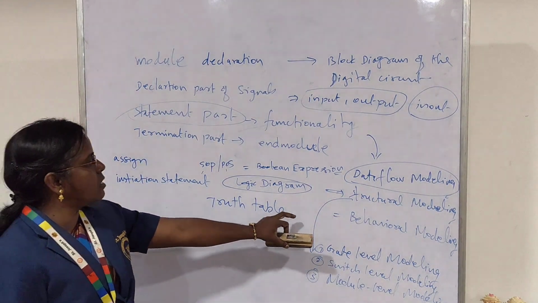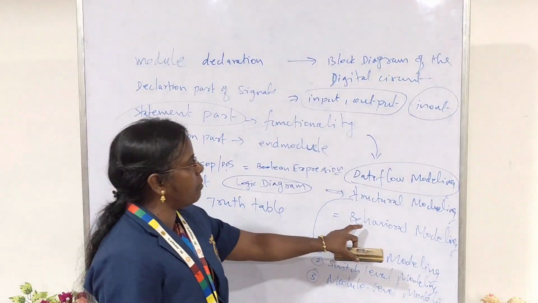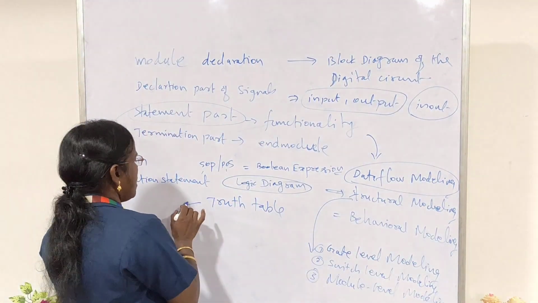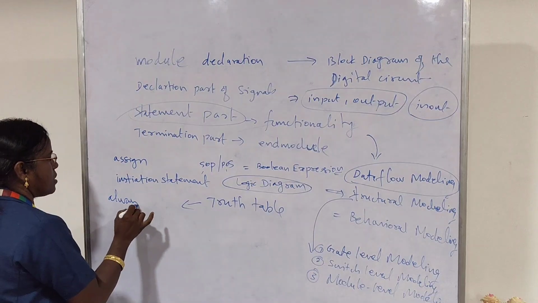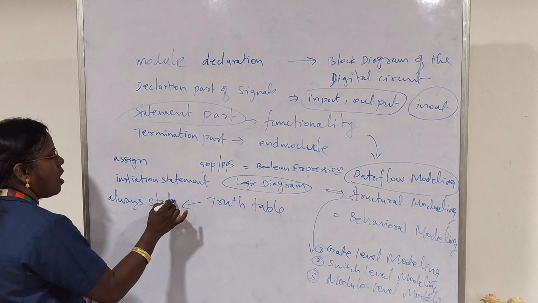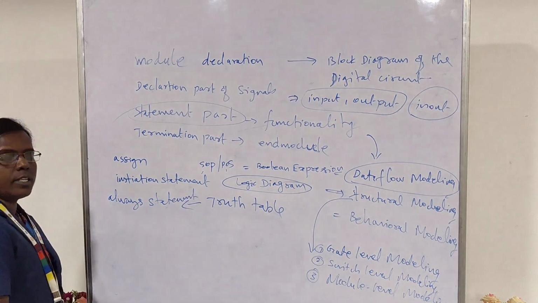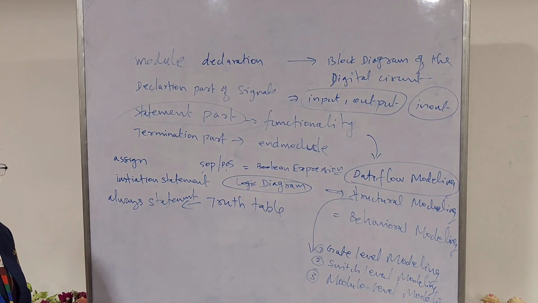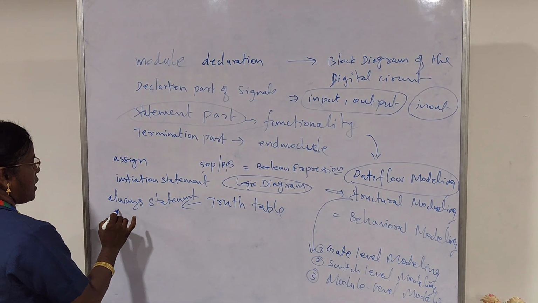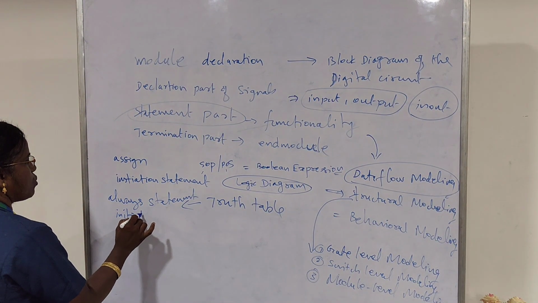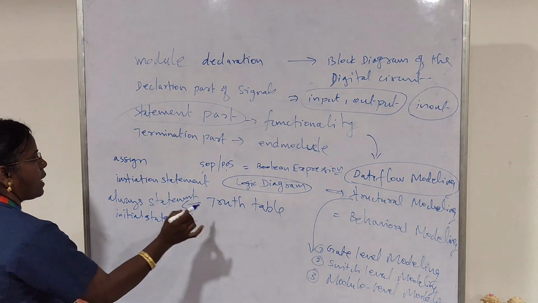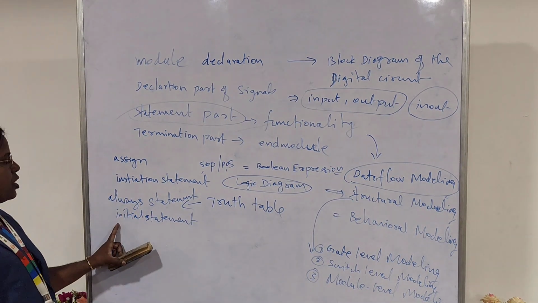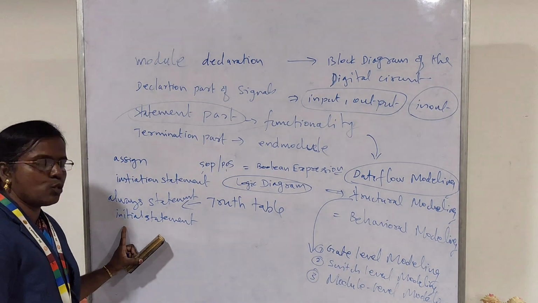So what is the statement used for implementing behavioral modeling? Here we have to use the mechanism which is called the always statement, or we can call it an always block. The always statement and the initial statement can both be used for implementing behavioral modeling. What's the difference between these two statements?